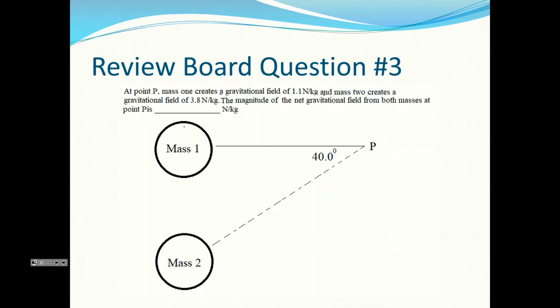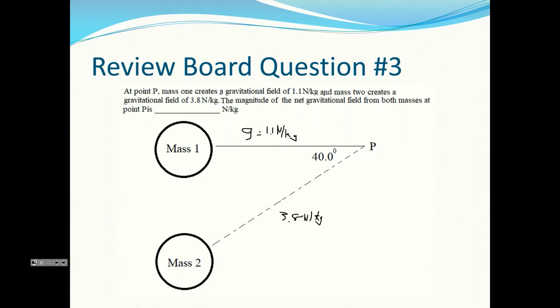And then question 3, at point P, mass 1 creates a gravitational field of 1.1 newtons per kilogram. So the g field from mass 1 is 1.1 newtons per kilogram. And mass 2 creates a gravitational field that's 3.8 newtons per kilogram.